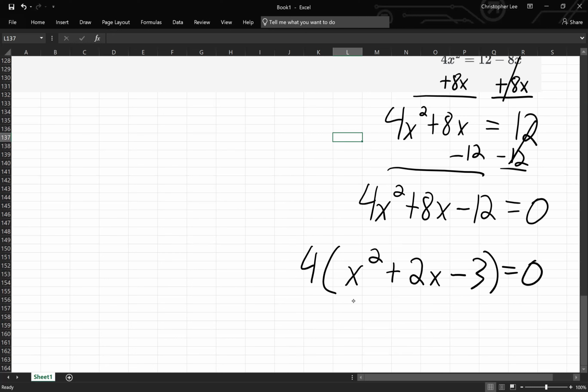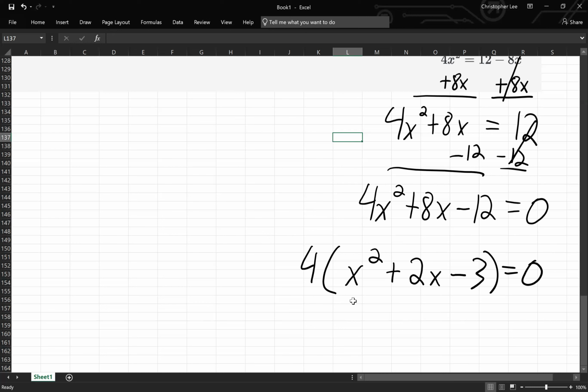Oh, no, we gotta finish it. Whatever you want. We could complete the square. We could do the AC method. We could do the, what's that other one? Quadratic formula. Whatever you want. Your choice.